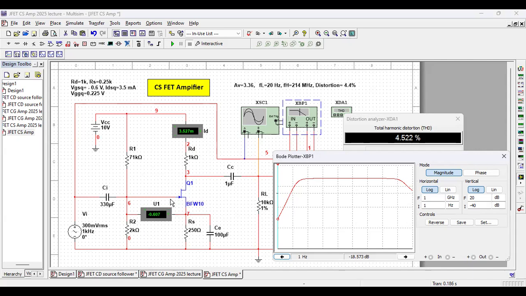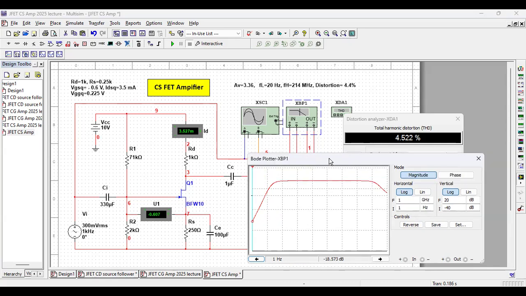Whereas in a FET, no current flows through this. So that nonlinearity due to the signal input current is not there. A little bit of nonlinearity is there in a FET, due to some nonlinearity in the drain characteristics. So this is one major benefit.